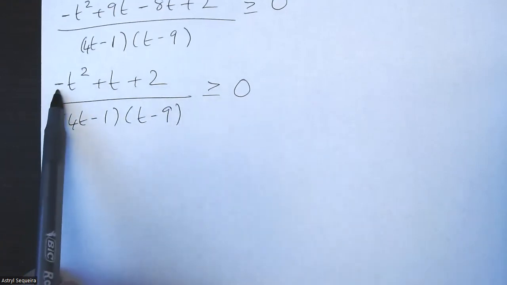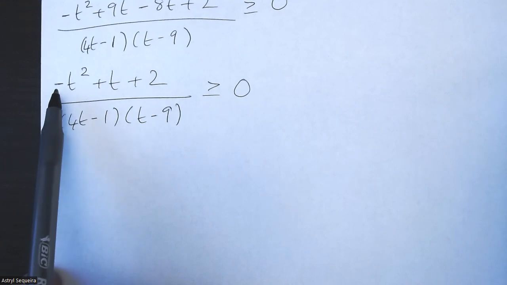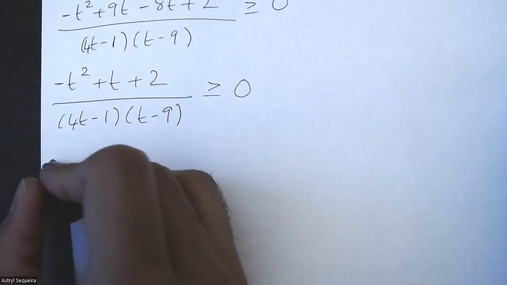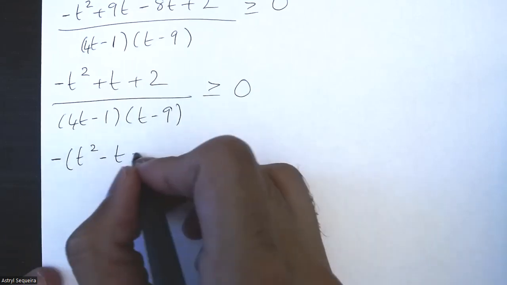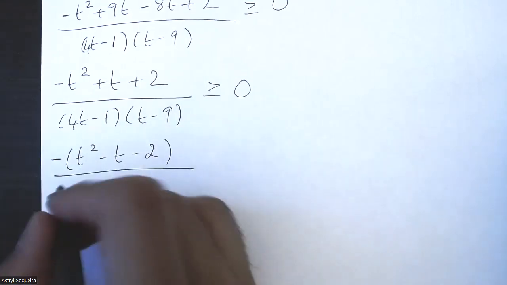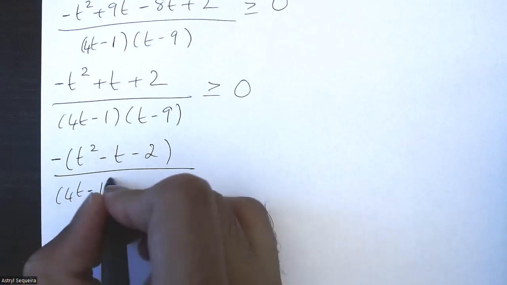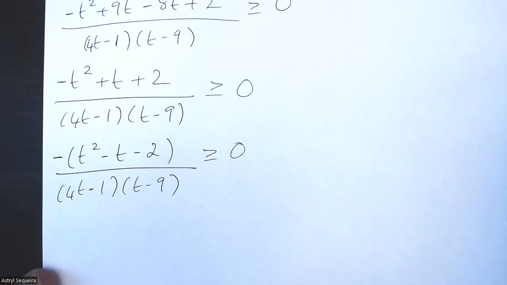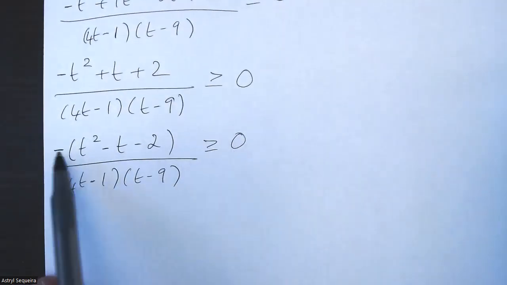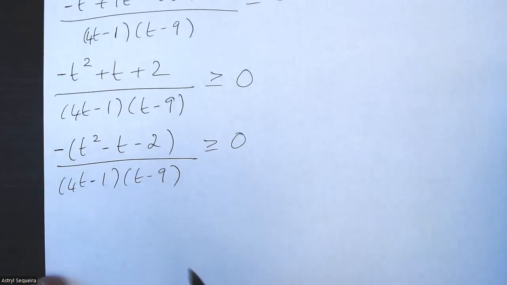Normally, the next thing we'd want to do is factor the top, but I don't like it when my quadratics are negative. So this is an optional step, but I generally tend to factor out the negative. And now I'm going to divide both sides by -1 to get rid of this negative. So this negative will just cancel out.